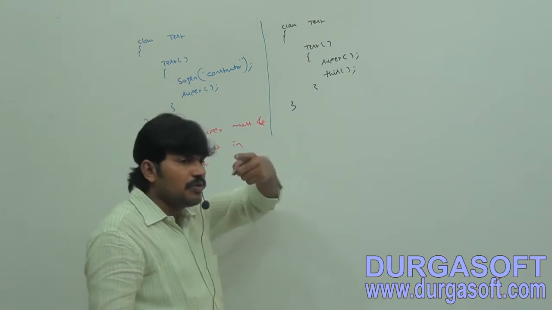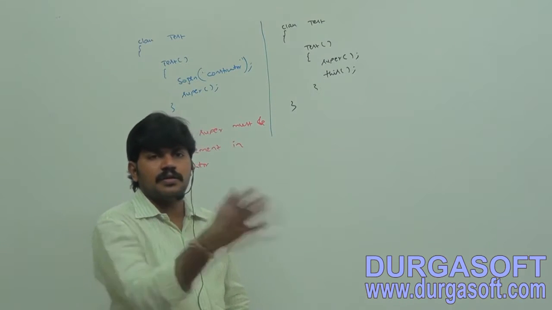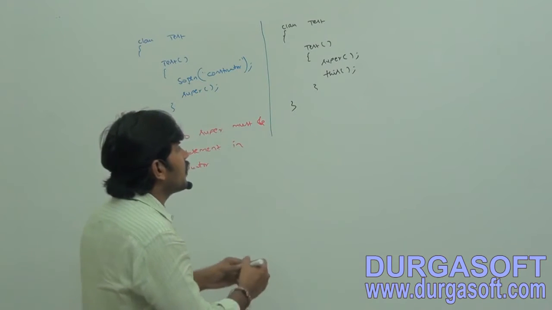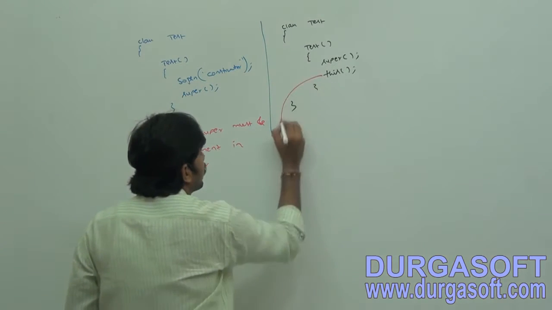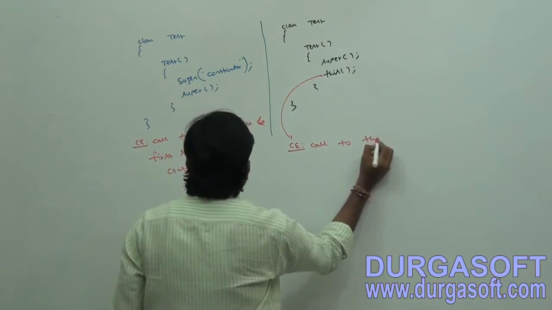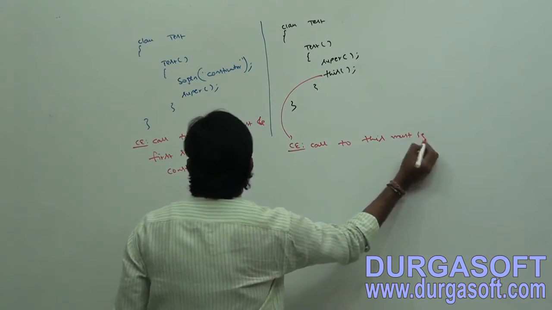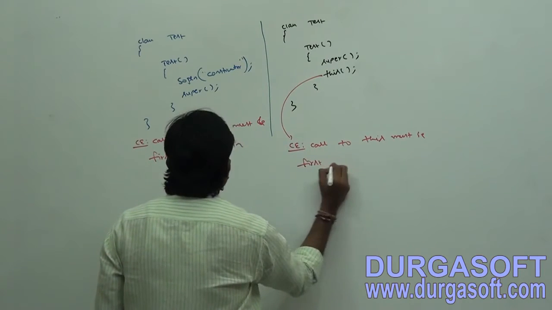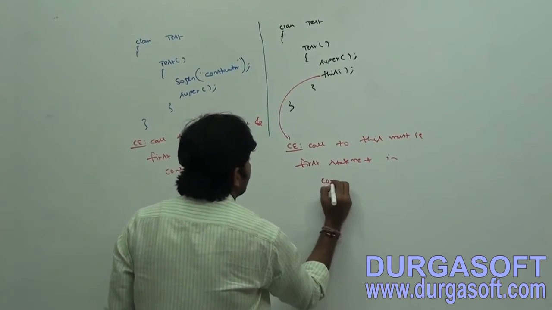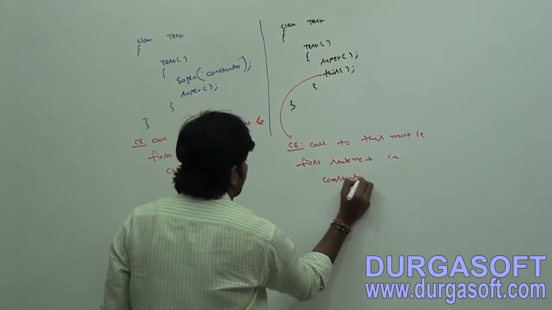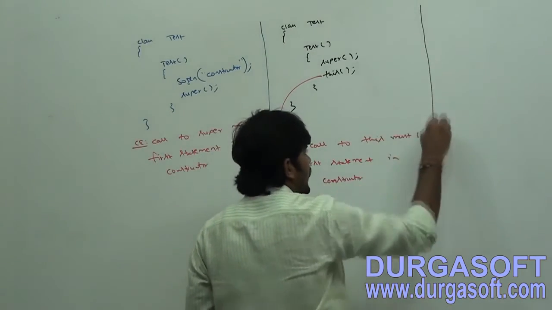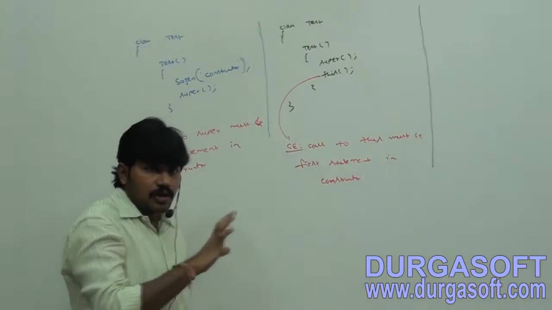By mistake if you take both, we get a compile time error saying call to this must be first statement in constructor. I hope you are able to understand, right?